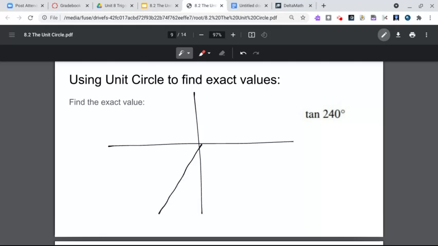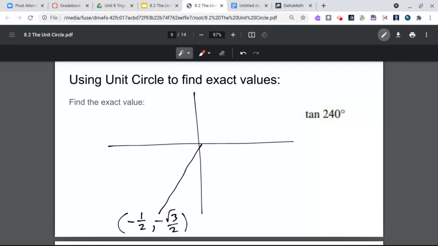Both of the ordered pairs are negative because we know tangent's positive and it's y over x. Closest to the y-axis is the ordered pair negative 1/2, negative root 3 over 2.